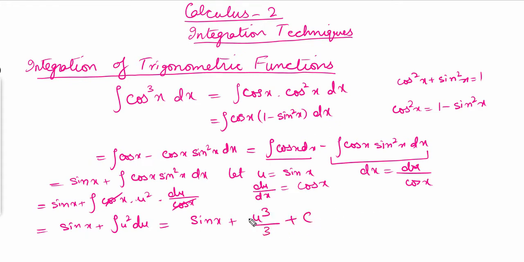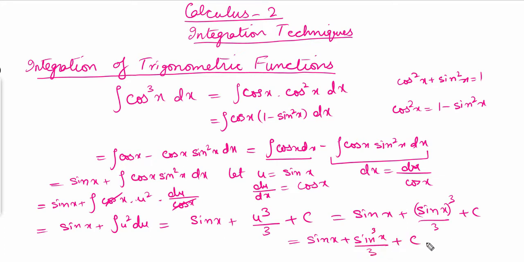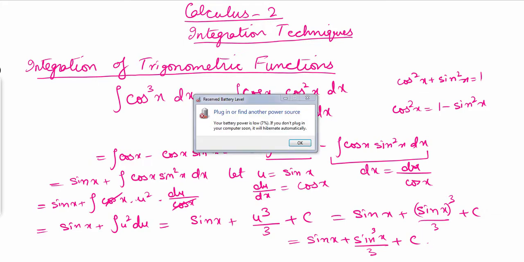I'll put the value of u back, so I get sine x plus sine cube x over 3 plus constant. So finally my answer is sine x plus sine cube of x over 3 plus constant. This is how we can integrate this function.